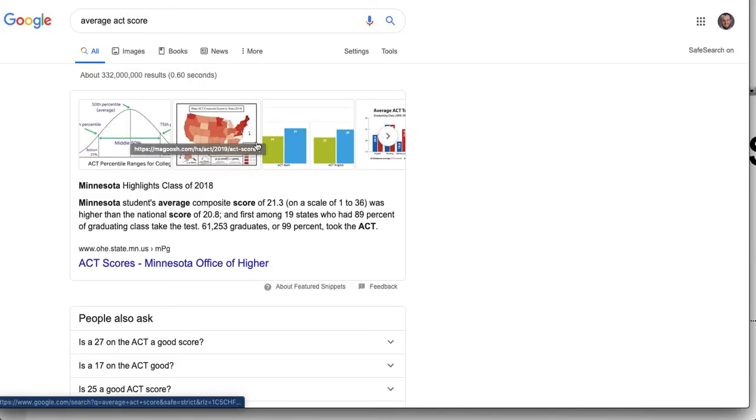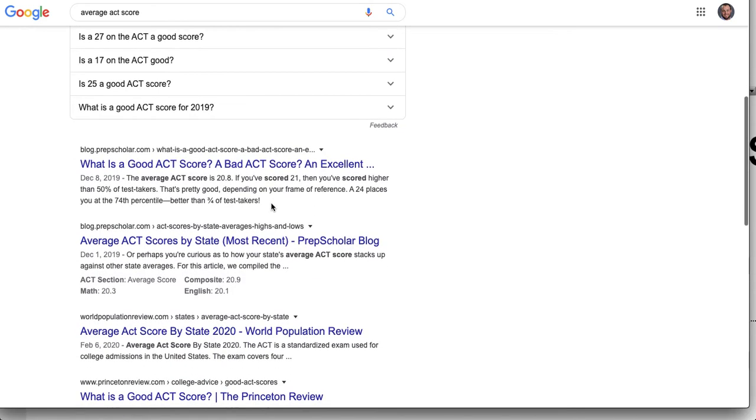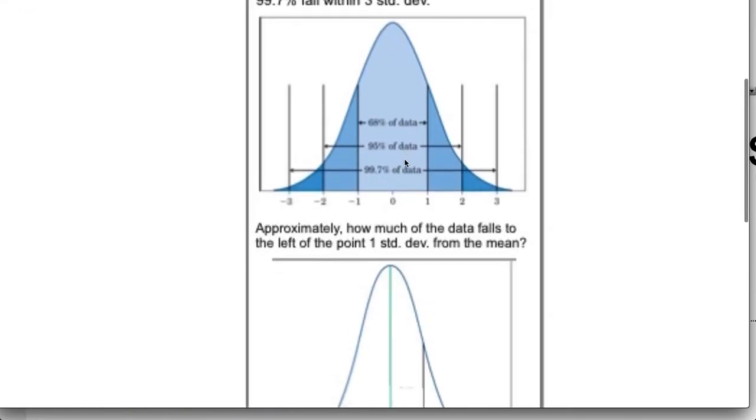Let's see, December 8th, 2019, blog.prepscholar.com. That sounds like a really good site to use. It says the average ACT score is 20.8. So again, right in the middle is the average, and that's right in the middle.